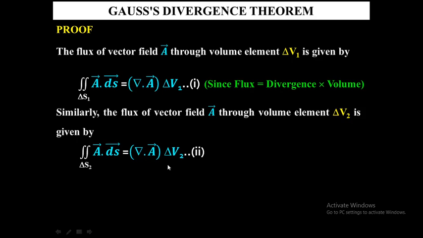For the nth volume element, the equation becomes the surface integral of A vector dot ds over the surface area delta Sn, which is nothing but the divergence of the vector field times the nth volume element, delta Vn. So this is for the first volume element, this is for the second, and this is for the nth volume element.